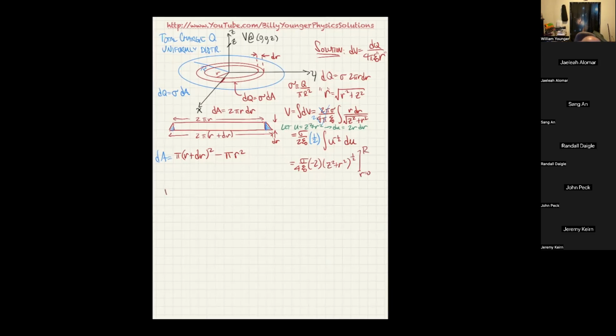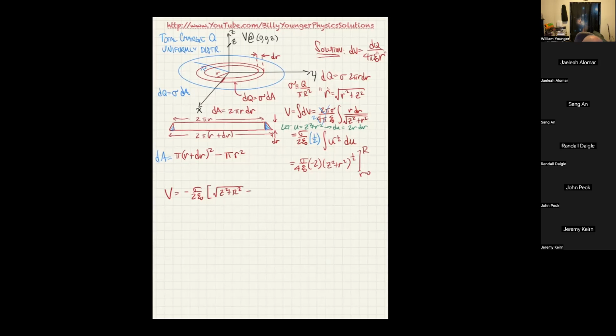So finally, I can say that V is equal to negative sigma over 2 epsilon naught times the square root of z squared plus r squared, minus, now I'm going to set r equal to 0.